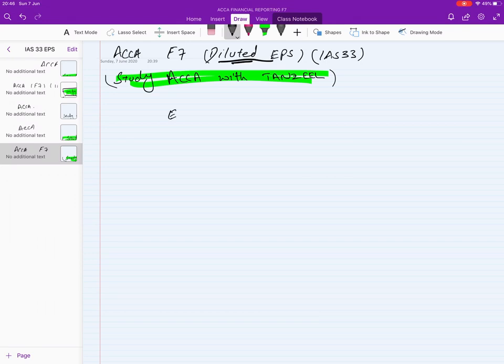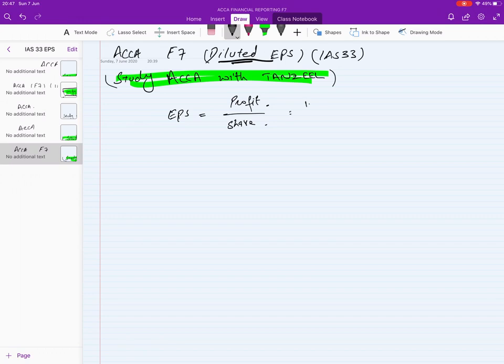This is the way we calculate EPS: profit divided by shares. How much profit the company is making and how many shares the company has. So it means per share will give you how much profit.